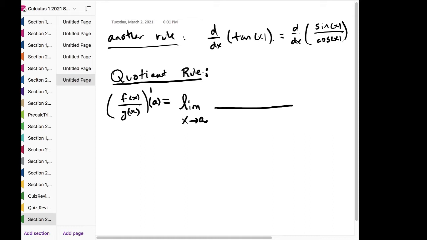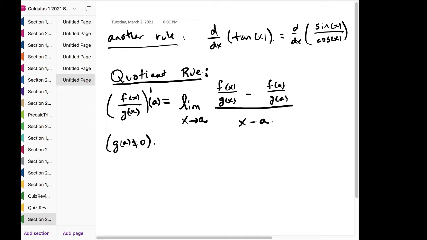So, of course, we have to say that g of x can't equal 0, because then this thing wouldn't make sense, or g of a wouldn't equal 0. So how would you come up with that formula? Well, you do the function minus the function at a over x minus a.